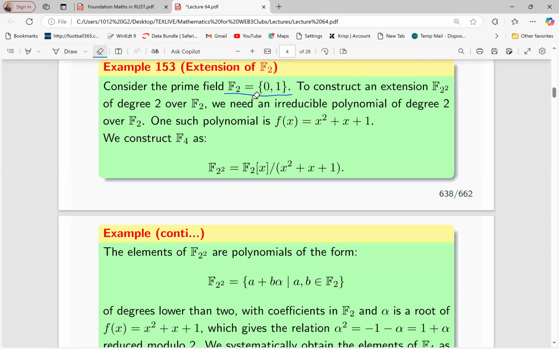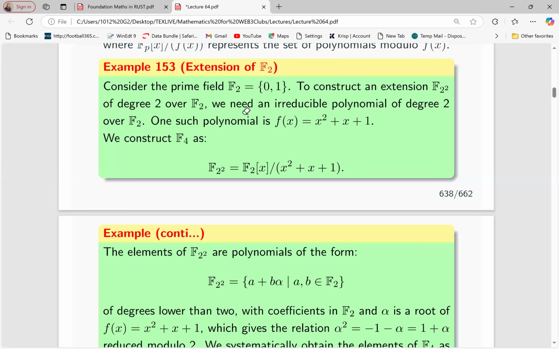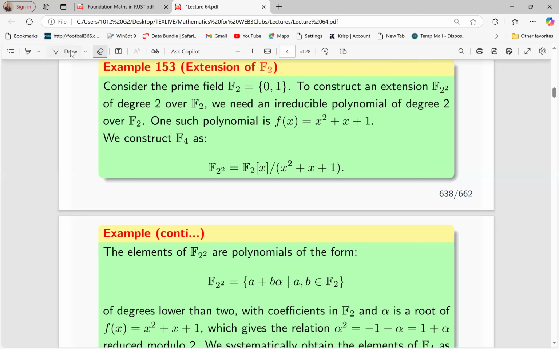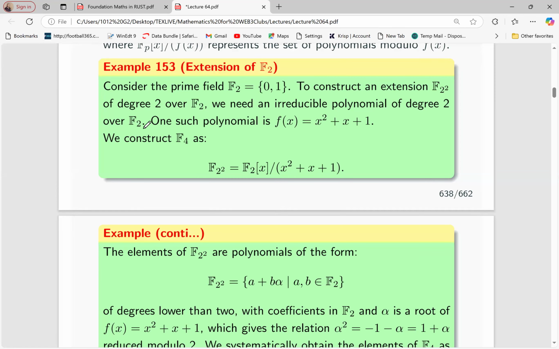But of course, I already said earlier that this polynomial would be very important to us, especially in multiplication. When it comes to just constructing, we don't require this polynomial. We require it in the multiplication of the elements of this field extension.